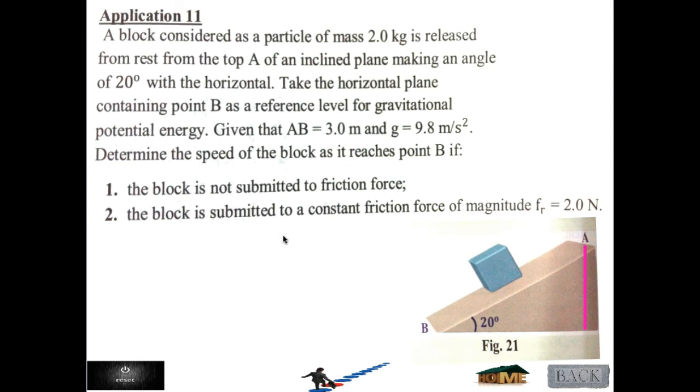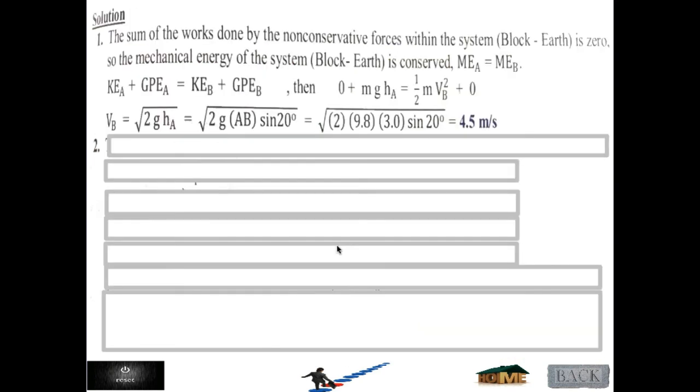Now the block is submitted to a constant friction force of magnitude 2 Newton. Now I have friction, which means I have non-conservative forces. If I have non-conservative forces, then mechanical energy is no longer conserved.